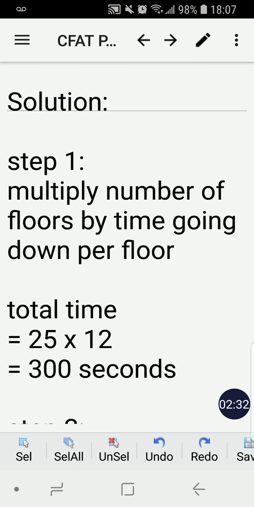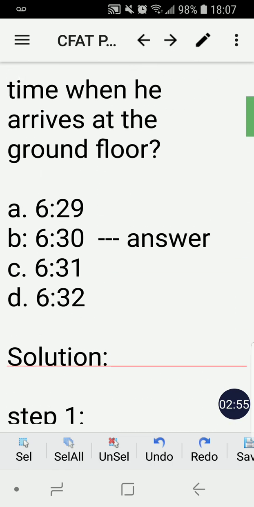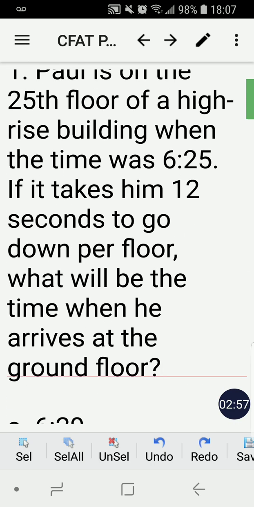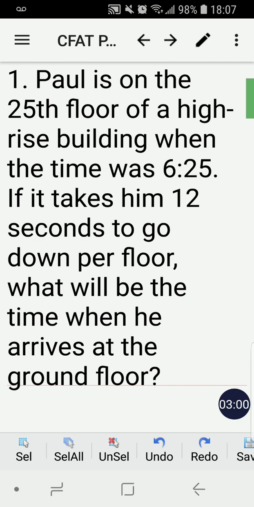The solution: step 1 is to multiply the number of floors by the time going down per floor. In the given, we have 25 floors, and the time it takes per floor is 12 seconds.